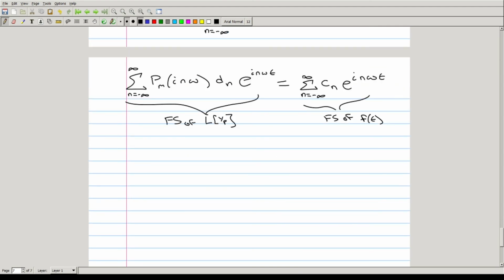And in order for these two things to be equal and satisfy the differential equation, we then have to have the characteristic polynomial evaluated at I n omega times dn equal to Cn for every n in the integers.